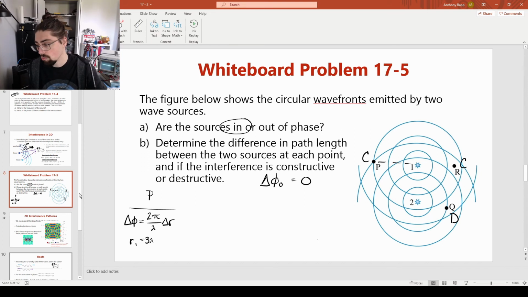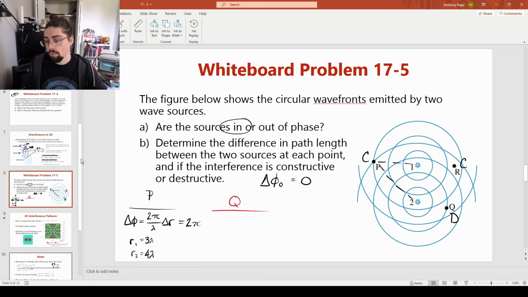What is R2? 1, 2, 3, 4. 4 lambda. Delta R is equal to lambda. Lambda cancels out with lambda. The phase difference is 2 pi. We have constructive interference.